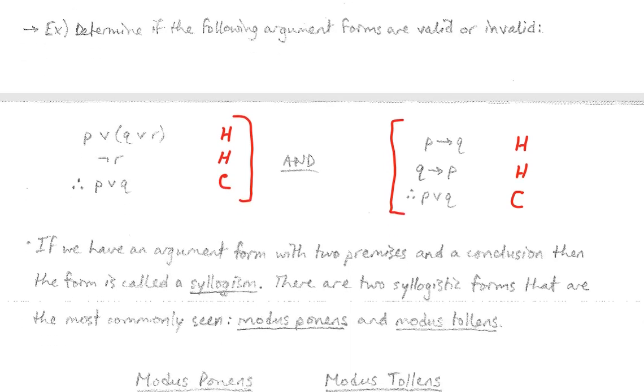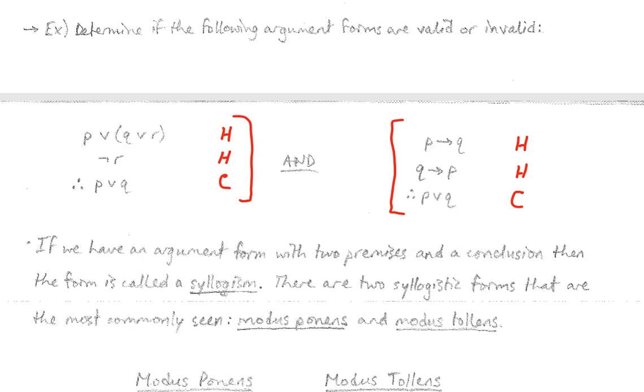Now notice that in each of these two arguments, there are two hypotheses or two premises and a conclusion. There's a particular name for this kind of argument or argument form, and there's a special name for it because it's so common. The name for this type of argument form is a syllogism.